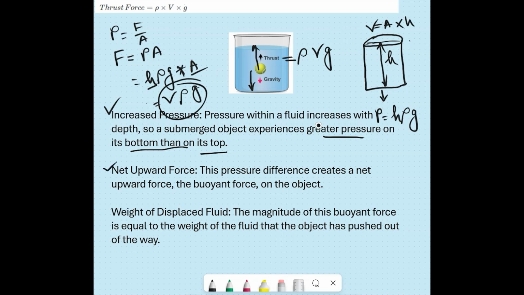And the second point, the net upward force. This pressure difference creates a net upward force, and this net upward force is actually the buoyancy force. Due to the buoyancy force, the object either floats or is submerged or sinks, whatever, same things. So the buoyancy force is very important, and it is the reason whether the object floats or sinks.